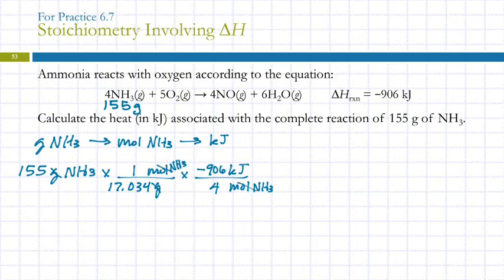And so moles of ammonia cancel out. So I've got 155 divided by 17.034 times negative 906.